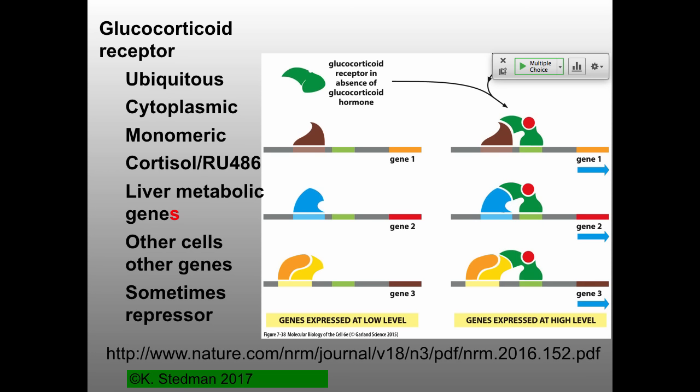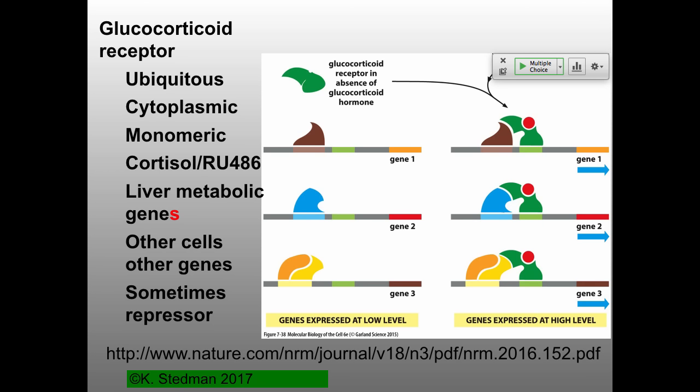And so little changes in terms of exactly what steroid hormone it's interacting with, if it's cortisol or RU486, exactly what DNA sequence it's binding to, exactly who its partners are, all of that is going to determine what the actual outcome is of this steroid hormone receptor binding to DNA and its ligand in terms of the actual output. So that's the glucocorticoid hormone everywhere, but it's really dependent on context.